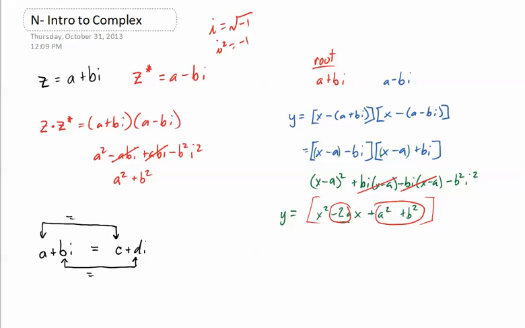If those are different, then there's no way that these two can be the same. The imaginary parts have to be equal, and the real parts also do. When you're looking at two complex numbers, just simplify it down to where you have a single real part and a single imaginary part, and if they're the same, then you know that those two are equal.